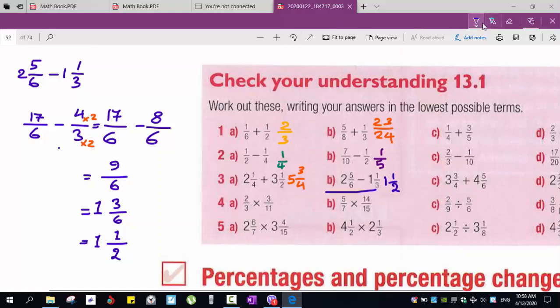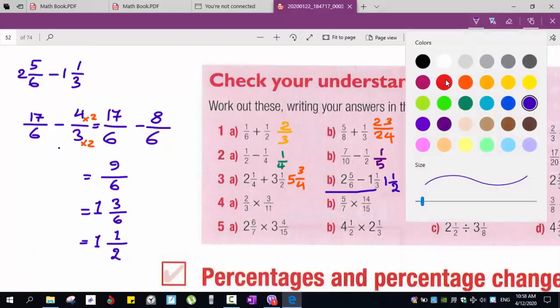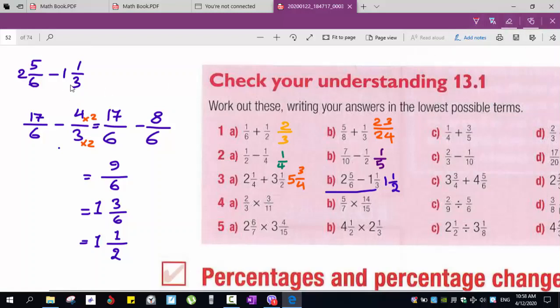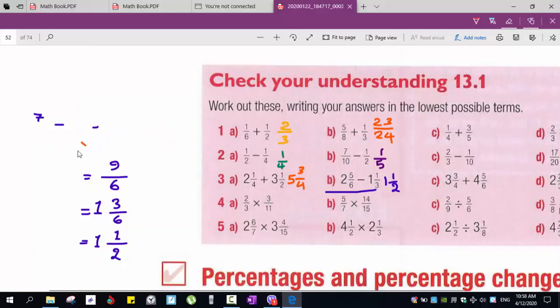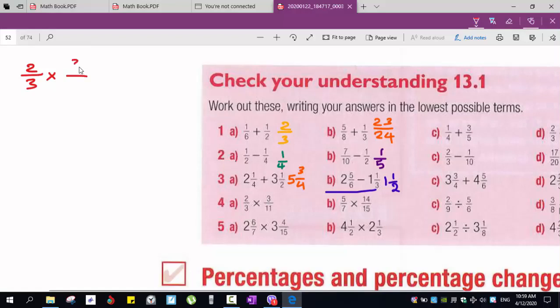Now multiplication. Multiplication is one of the easiest arithmetics with fractions, because for multiplication we simply multiply the top number by the top, and the bottom number by the bottom number. Question 4a is 2 over 3 times 3 over 11.